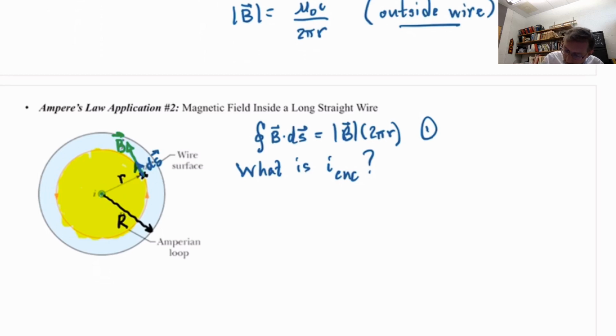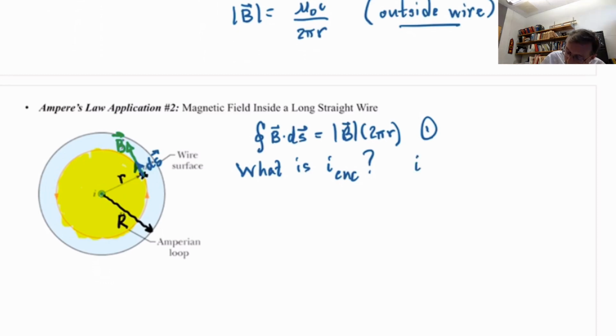Now how do I get that? Well, we'll just do it by kind of ratio reasoning. Remember that the I over the whole cross-section, radius big R, the current, is the I. How much of that current is through the radius little r? Well, like I say, we'll do it in ratios.